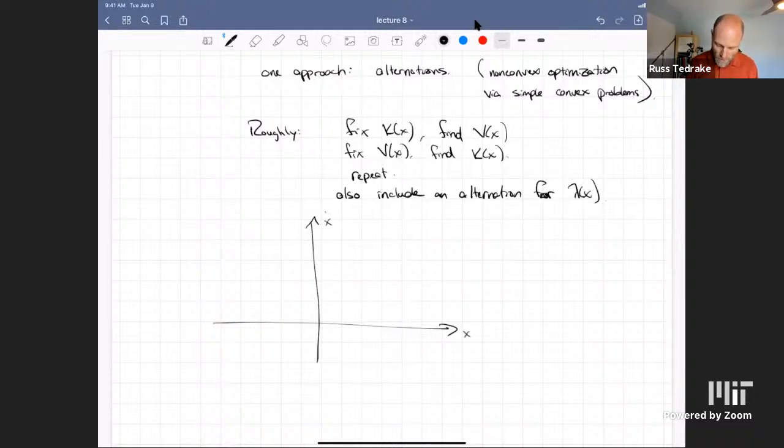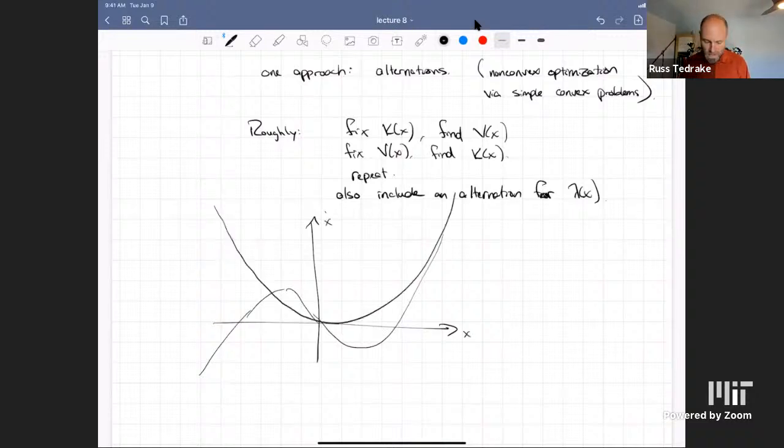Remember my cubic polynomial example that I really like, right? And we found a quadratic Lyapunov function that could prove stability. I'm going to learn something different now.